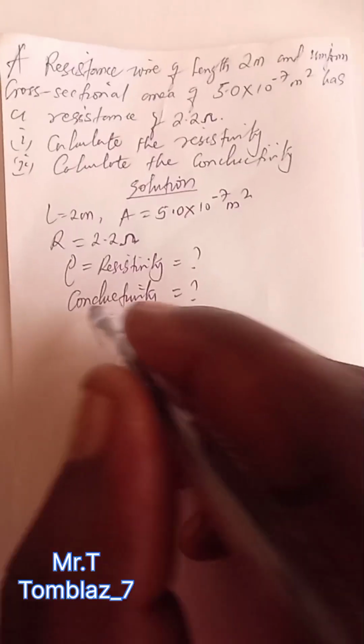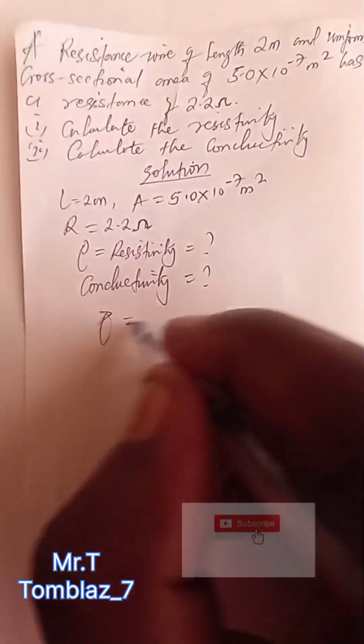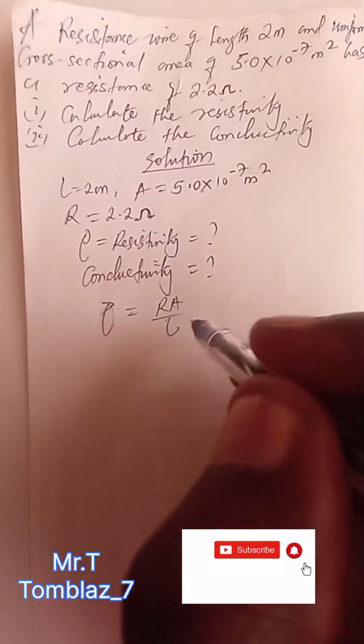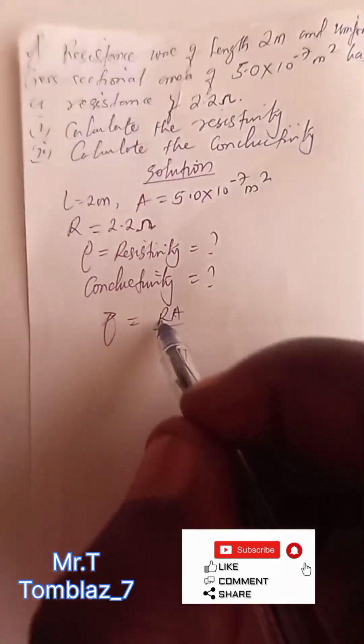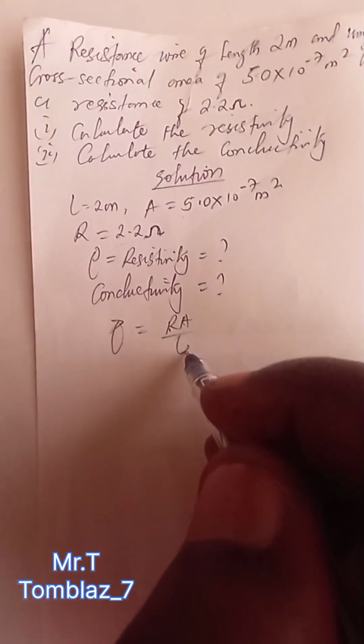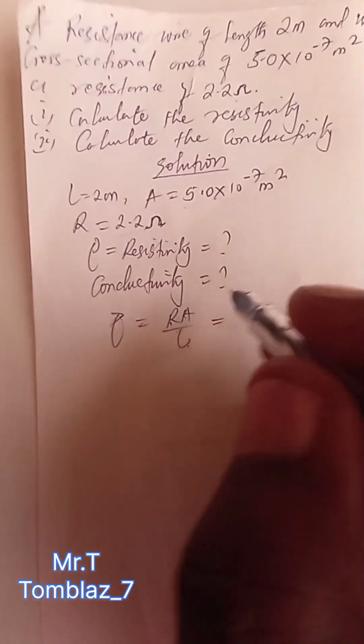is also question mark. Okay, so first, when you are asked to look for resistivity, what's the formula? So we know that resistivity, which is rho, is RA over L, right? R is given, A is given, and L is also given. So we substitute values.